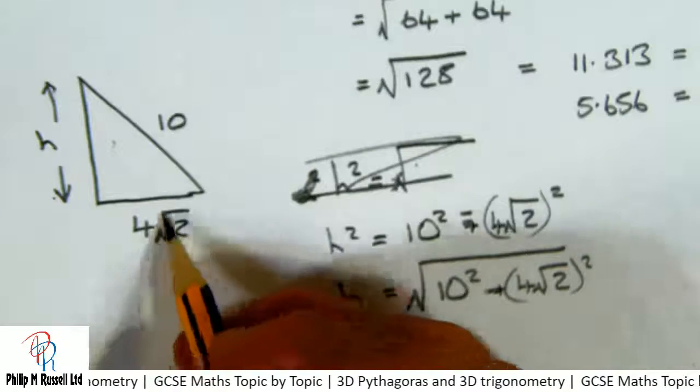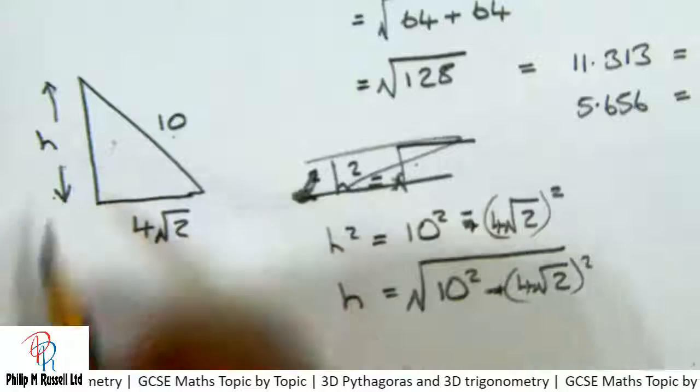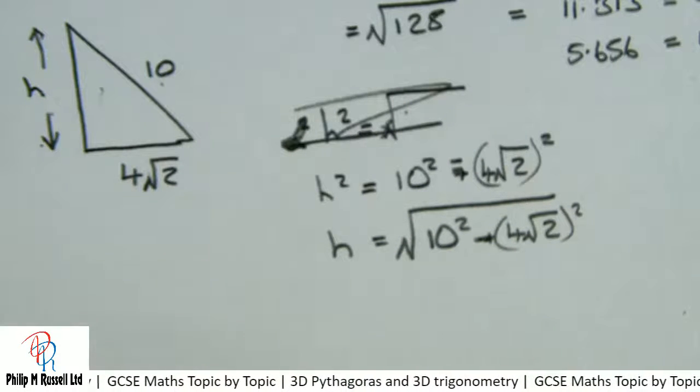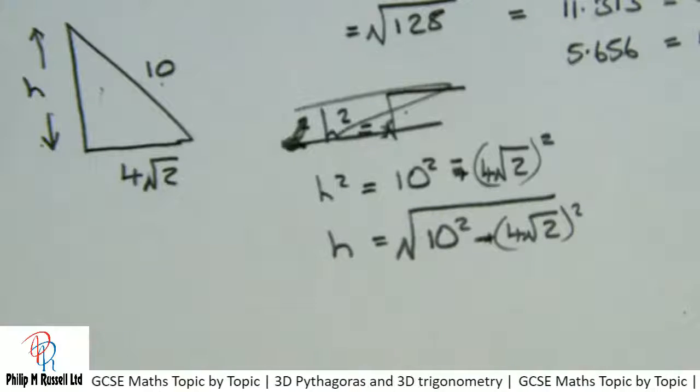We're going to take this one away from that one and we're going to work that one out. So there's our sum. Let's try that on the calculator.